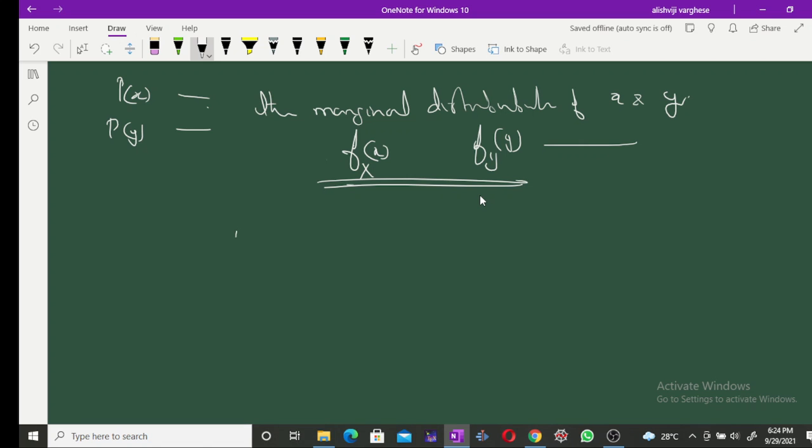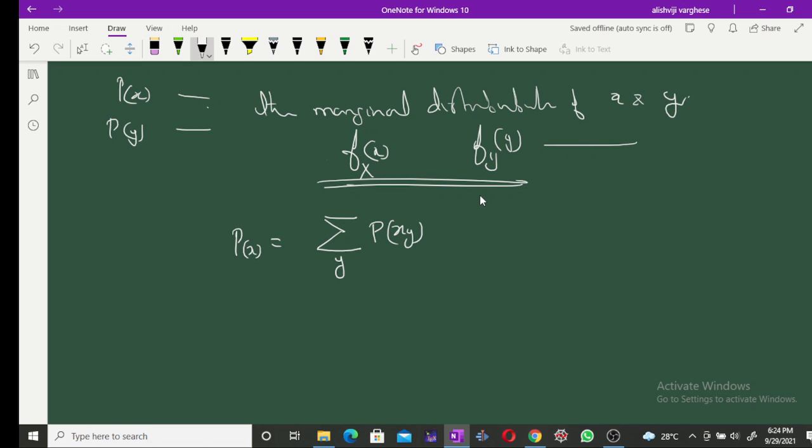Anyway, to find the marginal distribution of x from the probability density function p of xy, what we have to do is sum up with respect to y. Summation over all values of y of p of xy gives the marginal distribution of x, provided the random variable y is of discrete type.